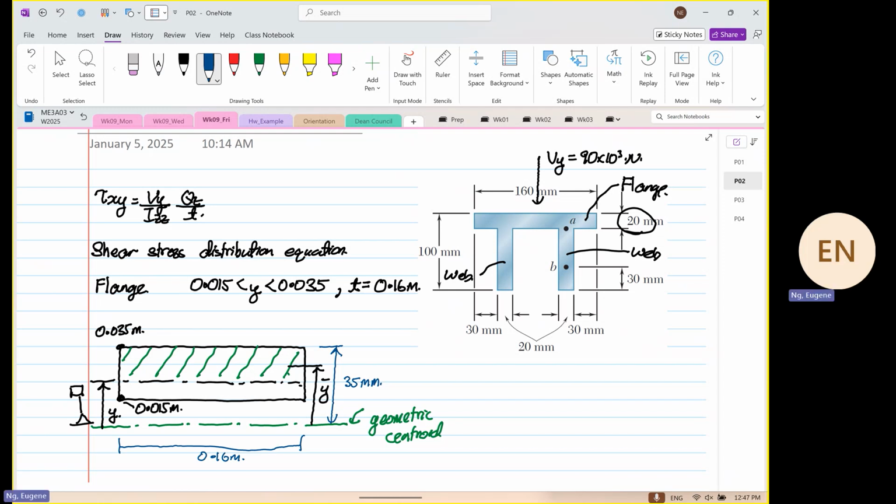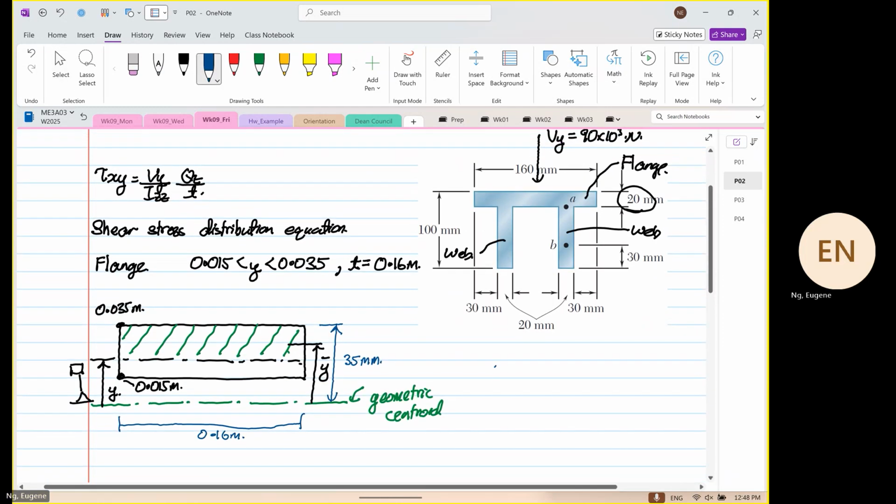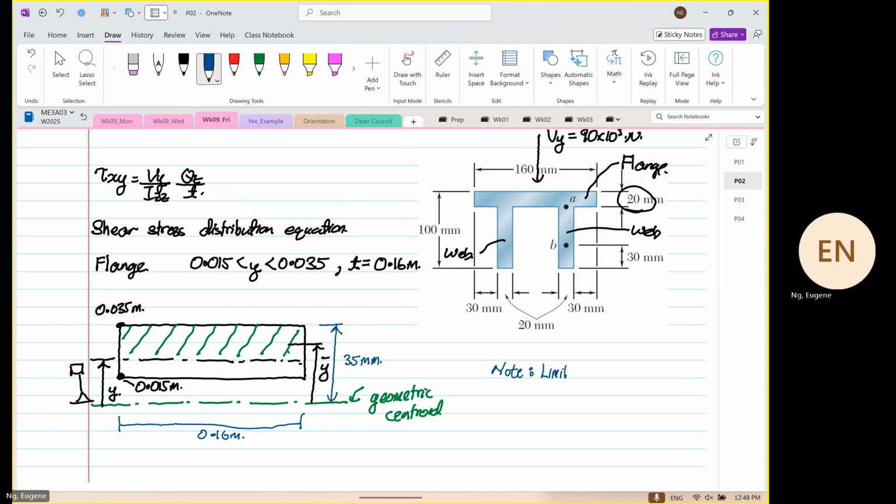Okay, right? So the limit is based on a constant what? Thickness. I repeat again, the limit is based on what? Constant thickness. And it's also based on the part of the structure that we are looking at, and we are looking at the what? At the flange. So I'll write down here, note the limit is based on constant what?